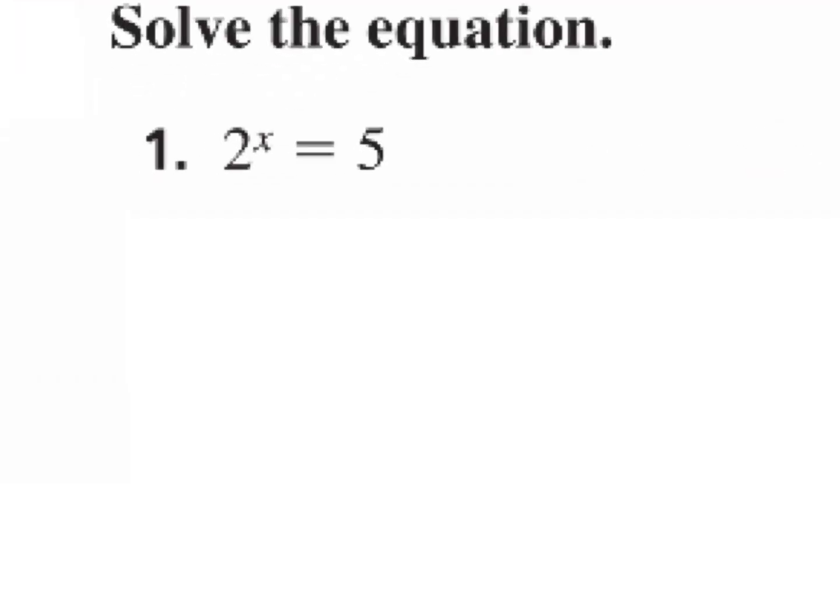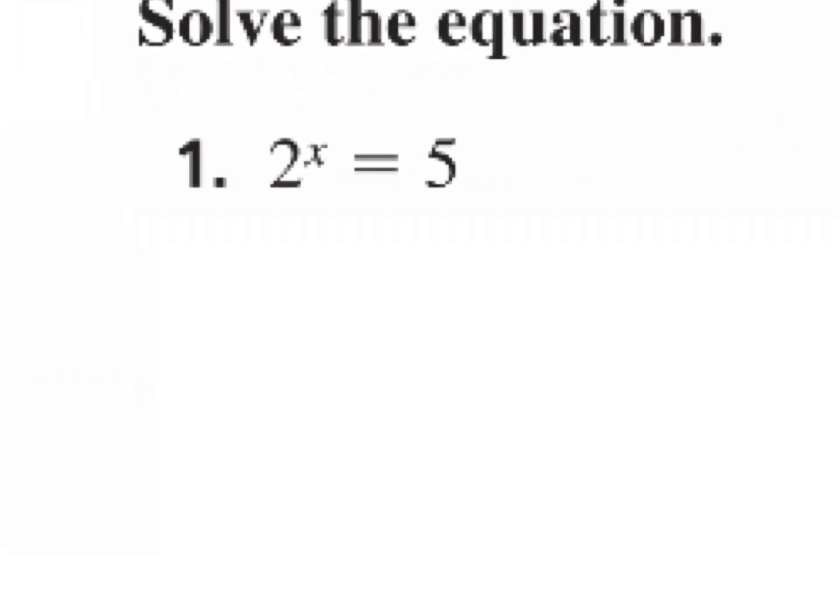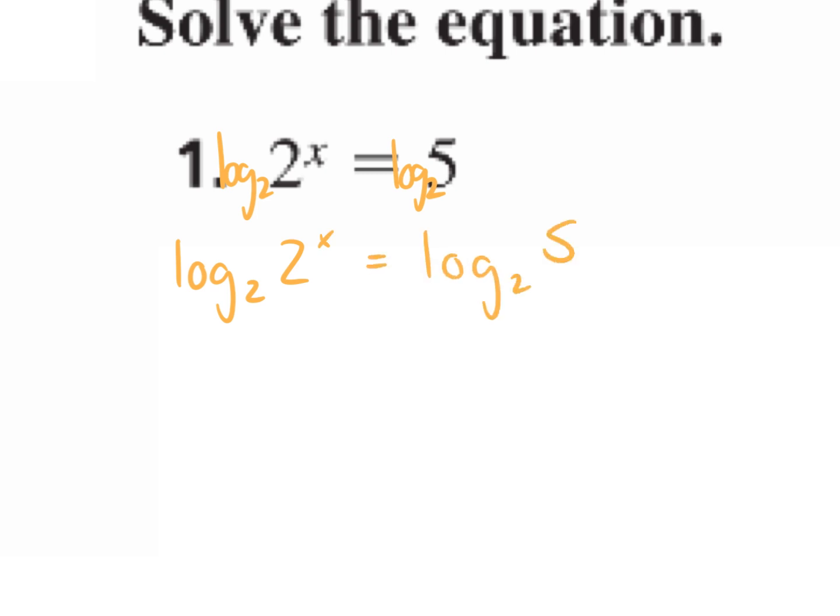All right, let's try it again in the next one. Could I make 5 have a base of 2, be 2 to some power? No. So what do I need to do to get that x out of the exponent then? Log base 2, awesome. So I'm going to take the log base 2 of both sides. So I have log base 2 of 2 to the power of x is equal to log base 2 of 5.